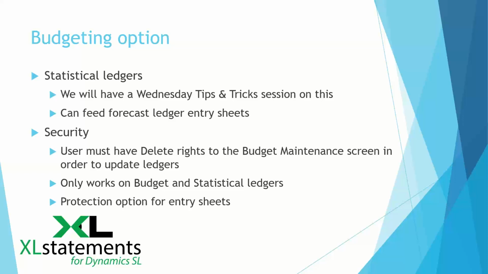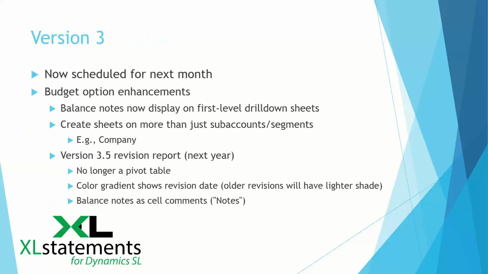It will only let you update information on budget and statistical ledgers, so none of your actual ledgers, you can't touch those within Dynamics SL. And then you'll see there's also an option that I think is on by default when you create a budget sheet, that it's going to protect all of your formula cells on that sheet when it turns it into an entry sheet.